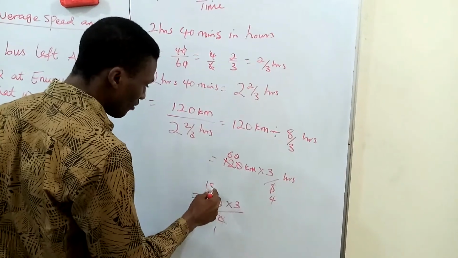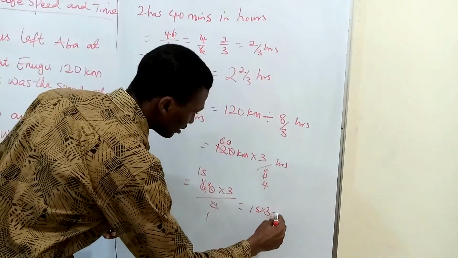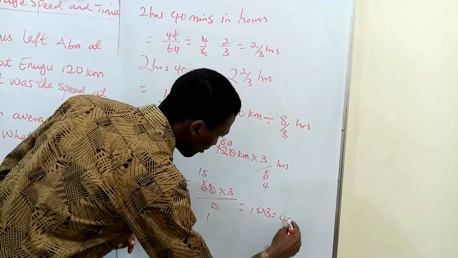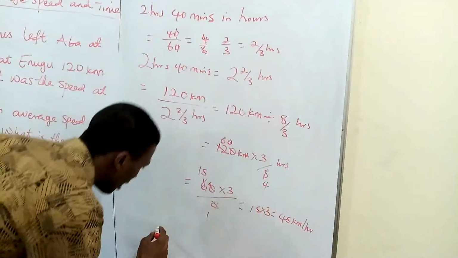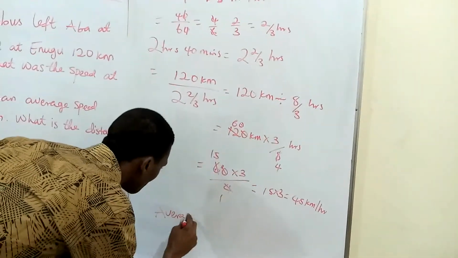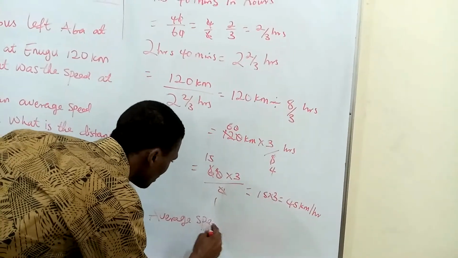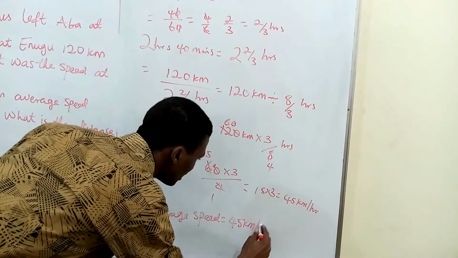Into 20 we have 5. So we have 15 times 3. 15 times 3 gives us 45 kilometers per hour. So our average speed is 45 kilometers per hour.